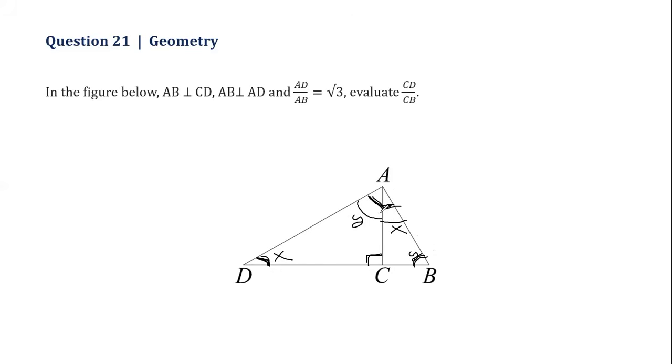This basically implies that there is some sort of ratio and proportions in the sides, because they essentially have the same angles. So we know that the length of AD is the length of AB multiplied by square root of 3.